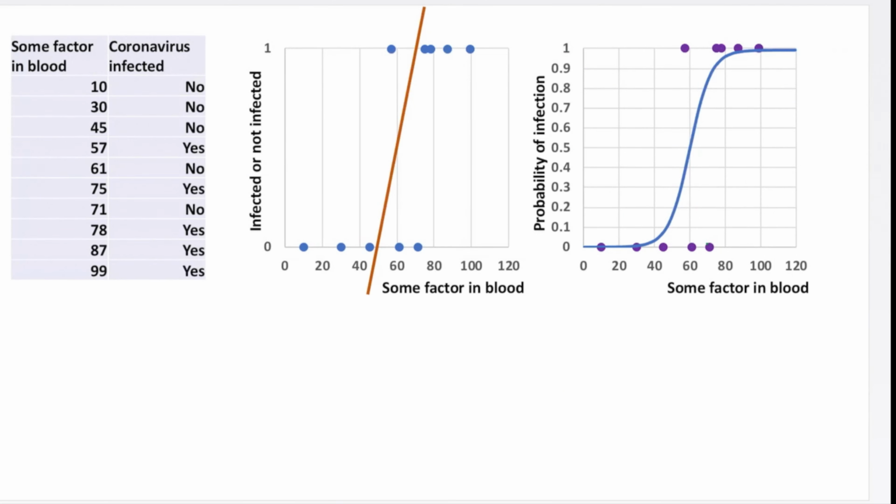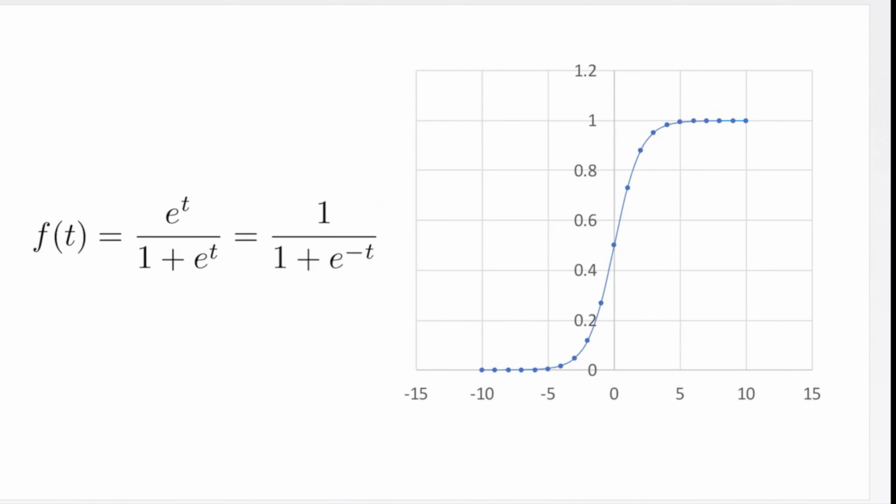Now the question is, how do we convert this linear function to this probabilistic nonlinear line? Luckily, we already have an existing function in math or in statistics which is called a logit function that represents the exact same idea.